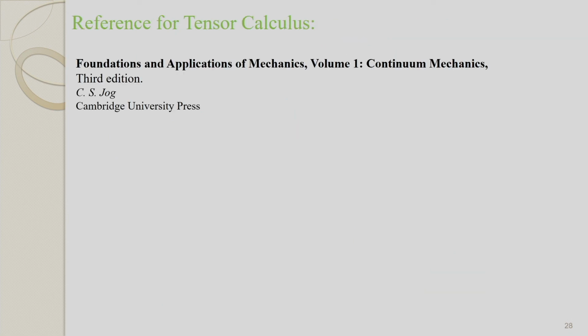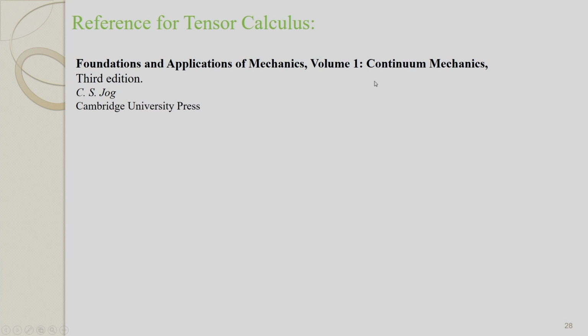Thus we have understood how Gauss divergence theorem is used in structural analysis to derive the variational statement. In order to understand tensor calculus in more detail, you can study this book by Professor C.S. Jog. The first chapter of this book has a detailed discussion on tensor algebra and tensor calculus.